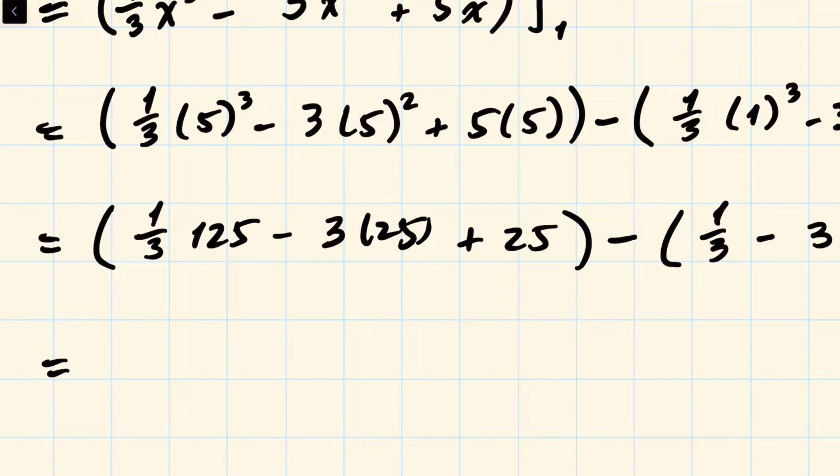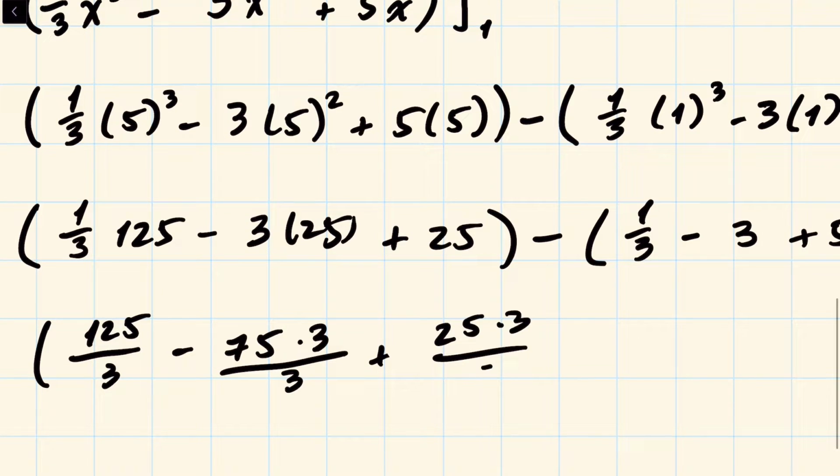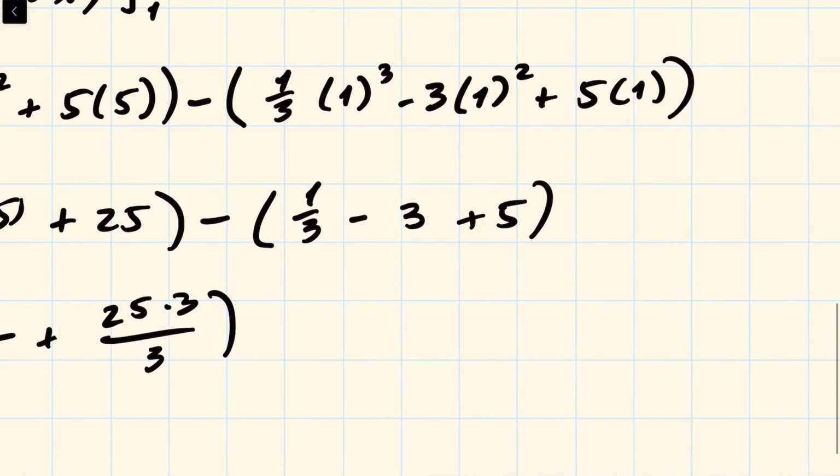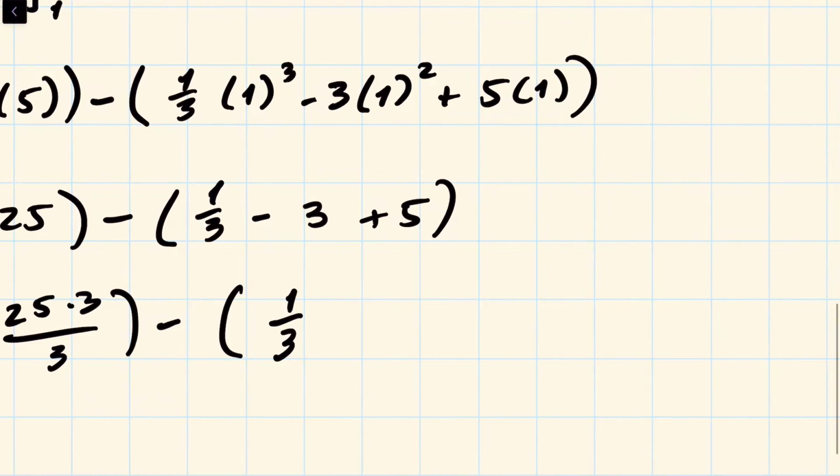So let me have 125 over 3 minus 75 times 3 over 3 plus 25 times 3 over 3. And then that's going to be subtract 1/3 minus 3 times 3 over 3 plus 5 times 3 over 3.